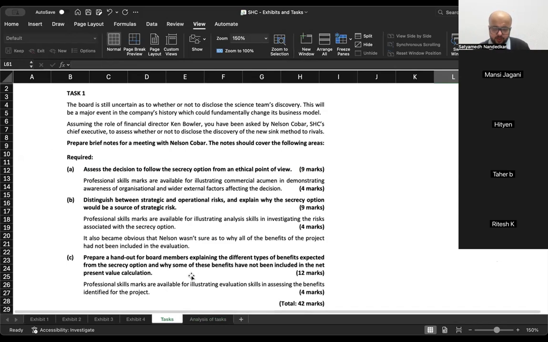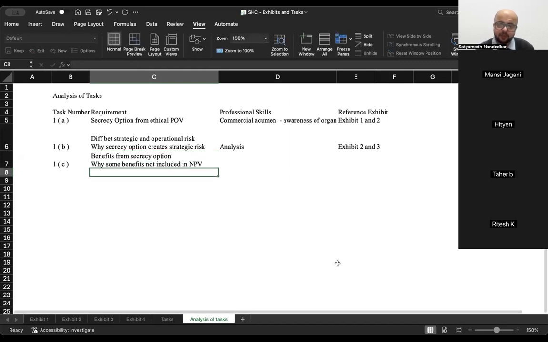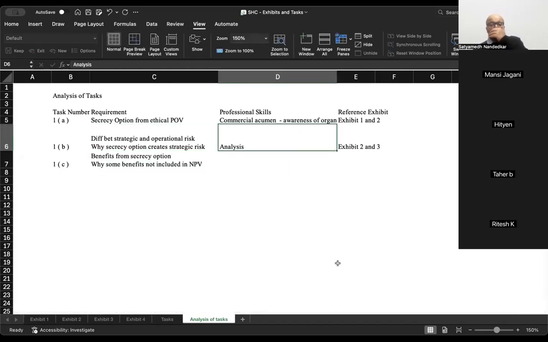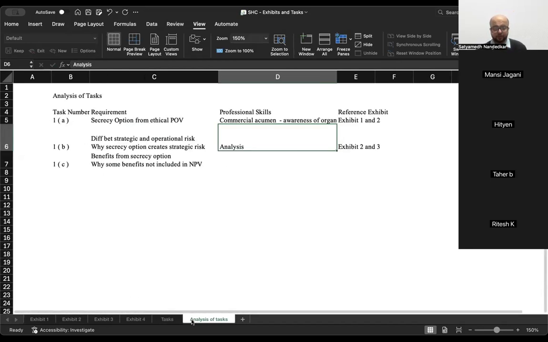Benefits from secrecy option. Why some benefits are not included in NPV? Okay. What skill? Evaluation, right?